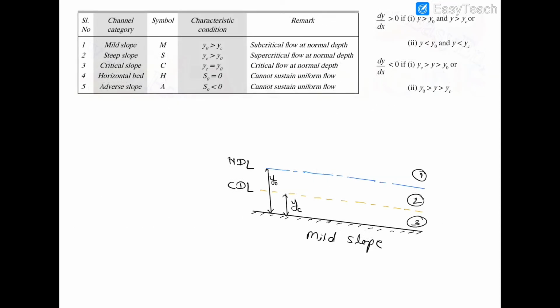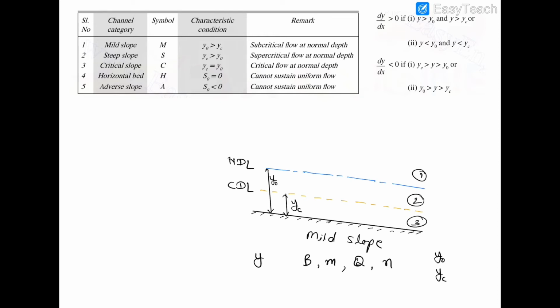Now if you are given any depth of flow y and channel properties like bottom width of channel, side slope, discharge and roughness coefficient, then to draw the GVF profile, first of all you have to find the normal depth y naught from Manning's equation and yc, that is the critical depth.